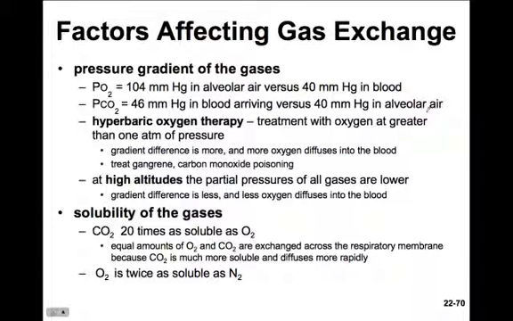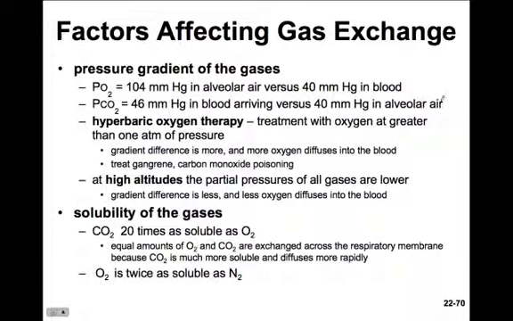The other big factor that affects gas exchange is the solubility of each of those gases. Now, carbon dioxide is 20 times more soluble than oxygen. So equal amounts of oxygen and CO2 are exchanged across the respiratory membrane because CO2 is so much more soluble, it diffuses more rapidly.